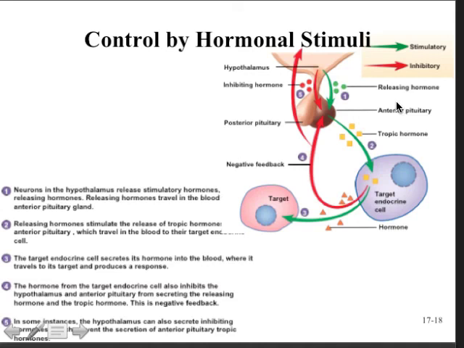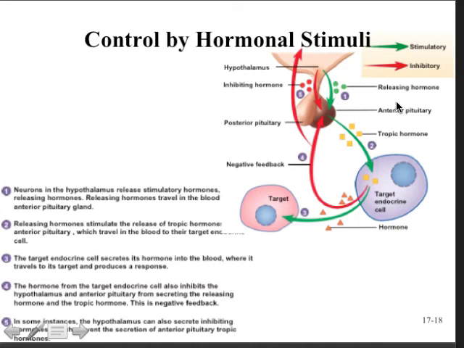That secretion will target an endocrine organ. The endocrine organ in turn will produce its hormone, which will target downstream tissues, and that will result in two things. Number one, the level of that hormone in the bloodstream will rise. Number two, conditions will be created by the target tissue that will turn off the original command.